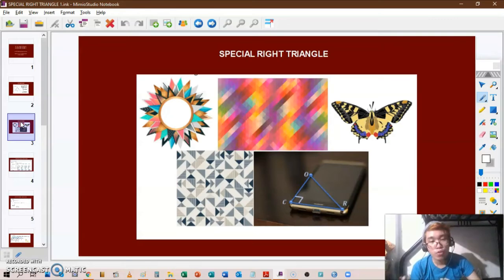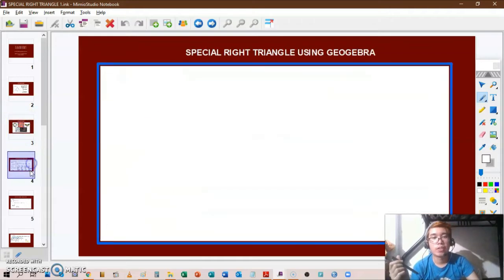On your smartphone, laptop, or any device we have, there is a right angle of 90 degrees, and if we cut a triangle on that device, we form a special right triangle that can follow the patterns of a 30, 60, 90 right triangle or a 45, 45, 90 right triangle.